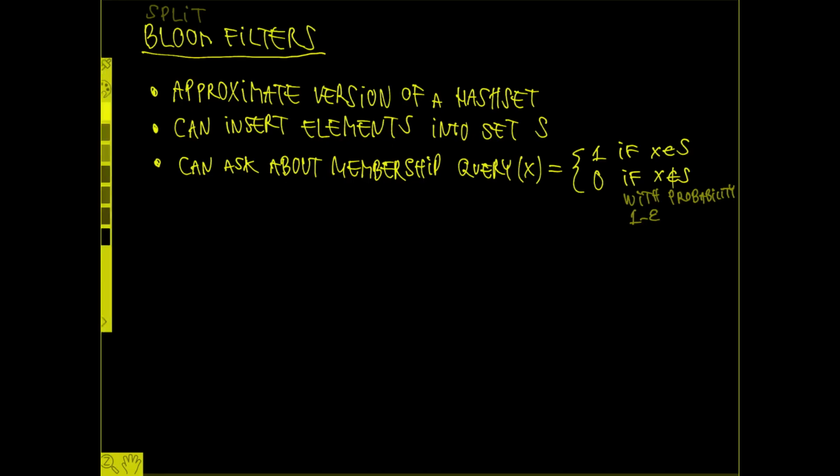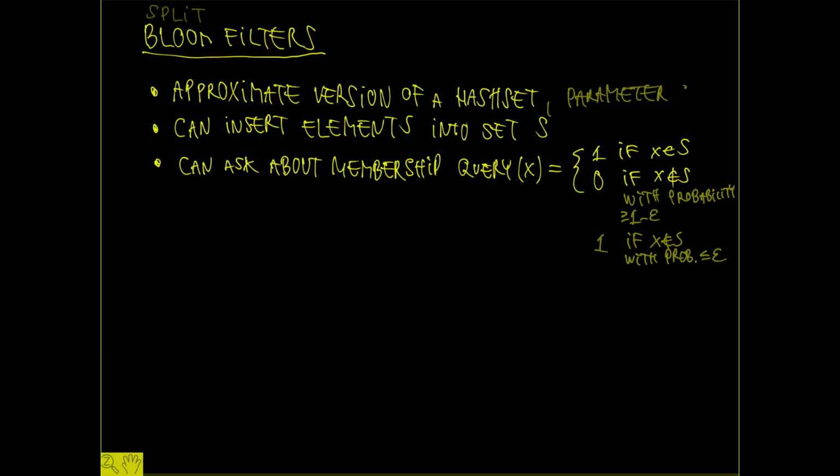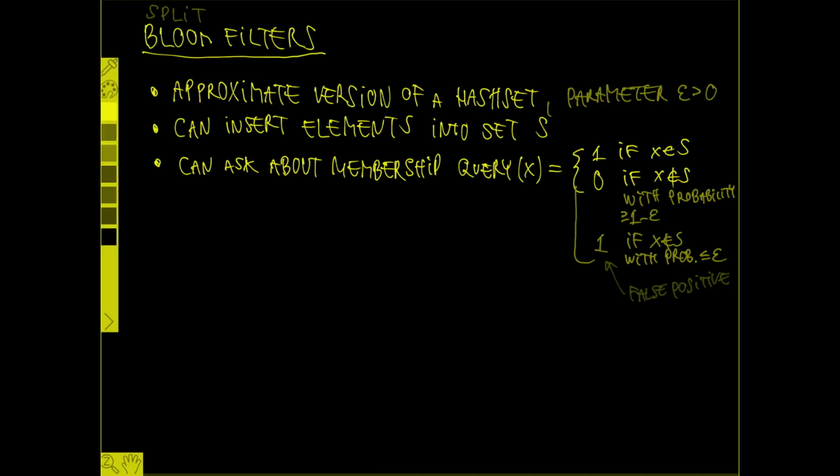With some probability epsilon, we may not answer 0 if X is not in S. So with probability at most epsilon, it's acceptable to answer 1 or yes, even if X is not in the set. And with the remaining probability at least 1 minus epsilon, we answer 0.